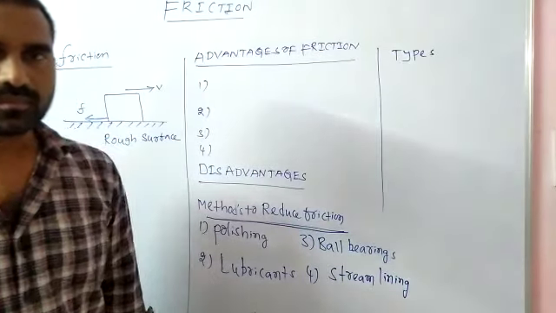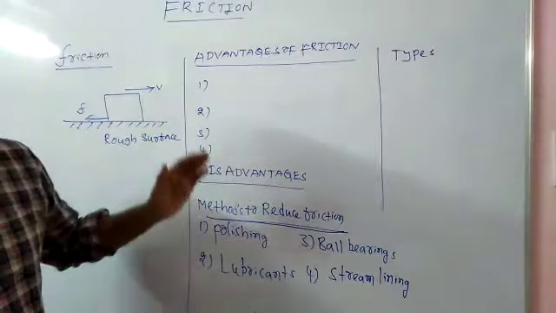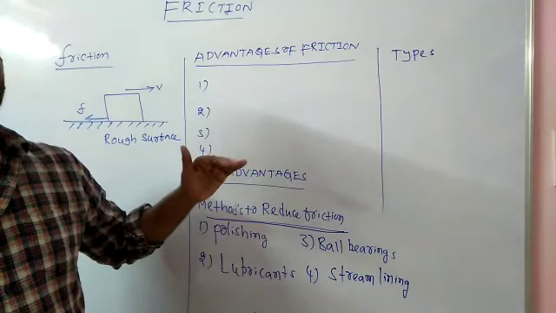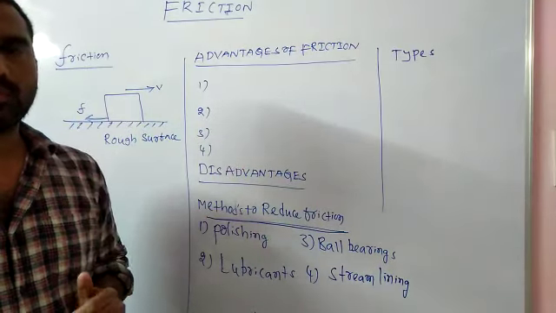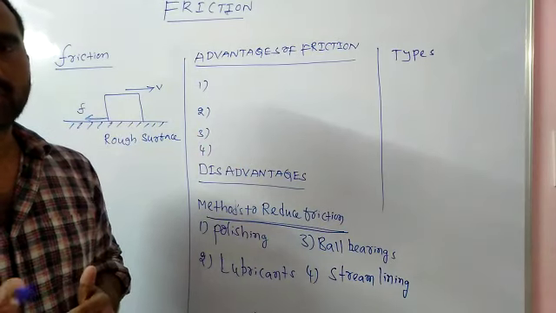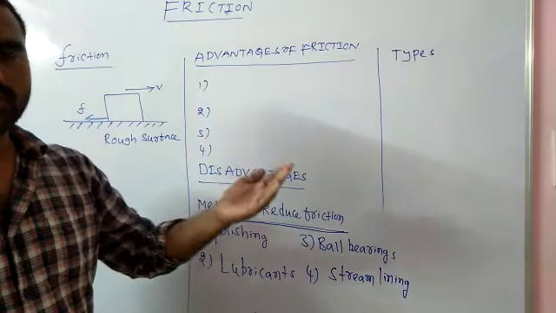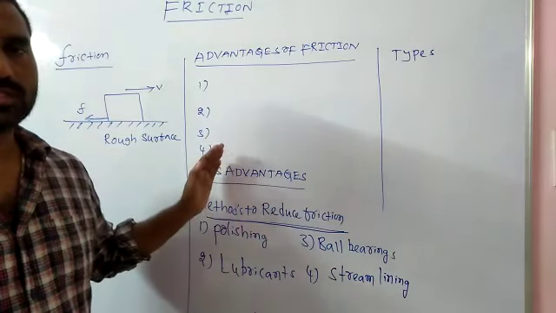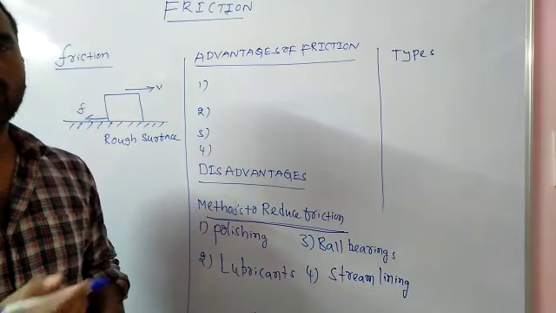Other examples: motor vehicles move on the ground because of frictional force, and a man walks safely on the ground because of friction. Nails and screws are driven into walls because of friction.